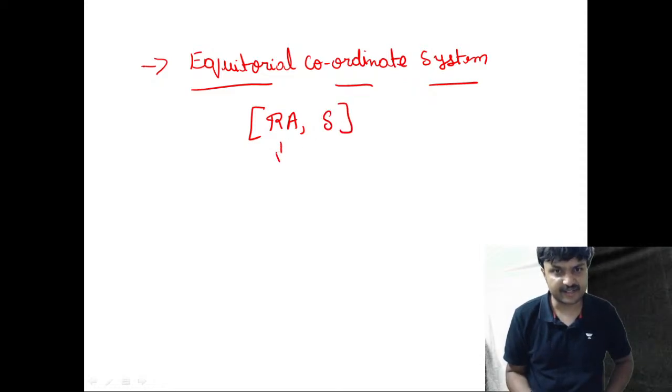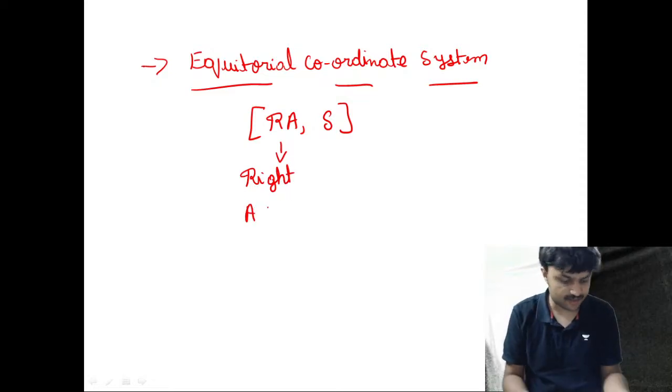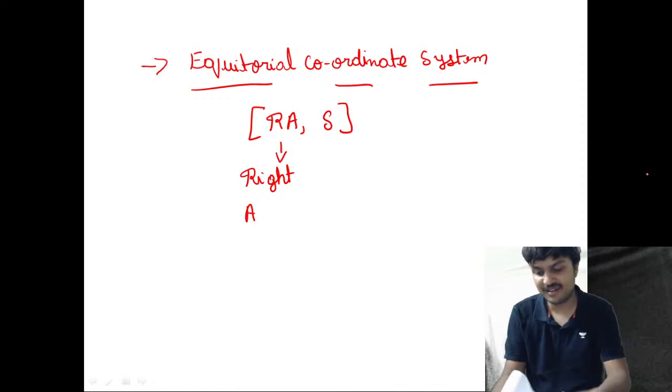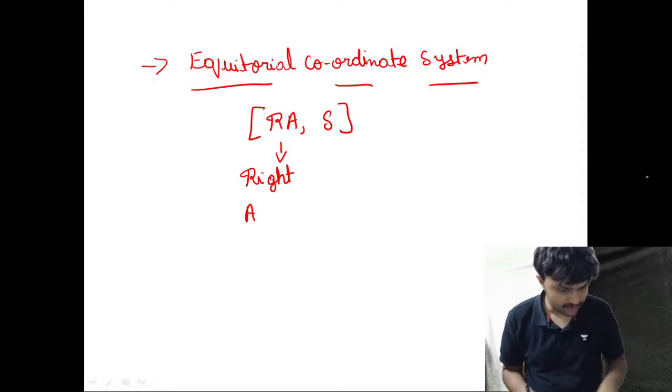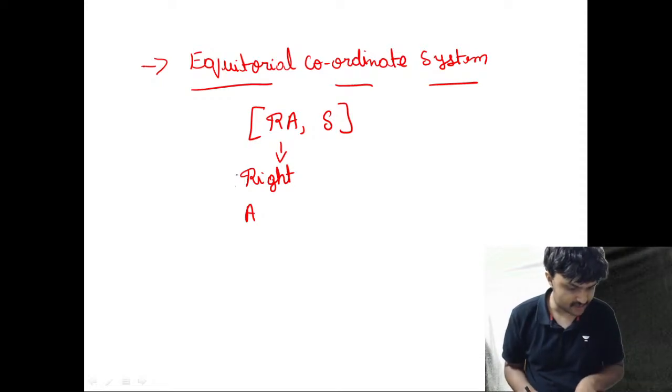This is called right ascension. Just a second, let me put it in order. Okay, so we are talking here with respect to right ascension and declination.